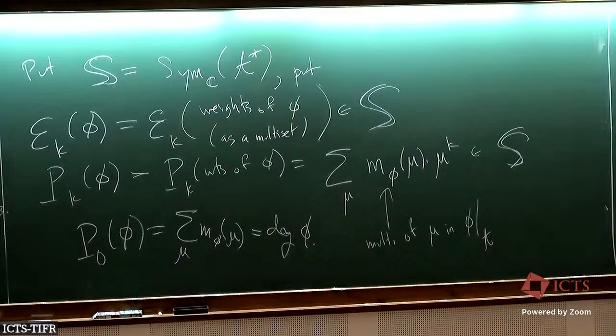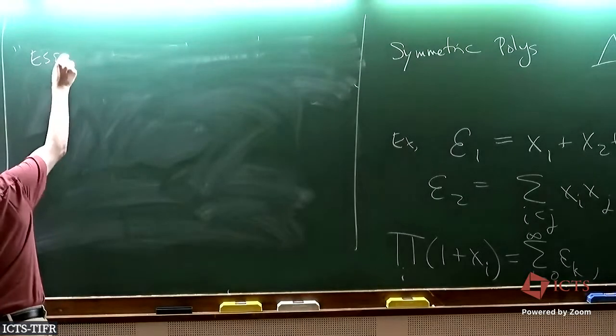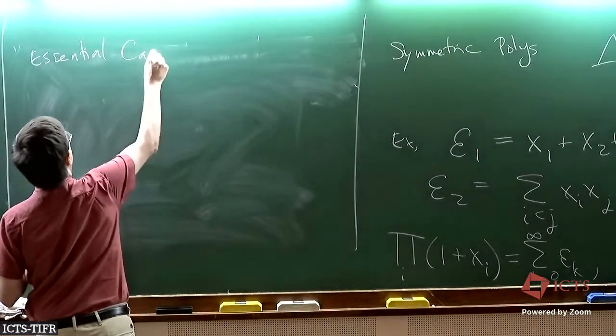So the essential case is when the multiplicity of, not monomials, I'm mixing a couple of words here. m sub phi of mu is the multiplicity of mu inside the restriction of phi to T. So for the essential case, let me suggest a reduction.